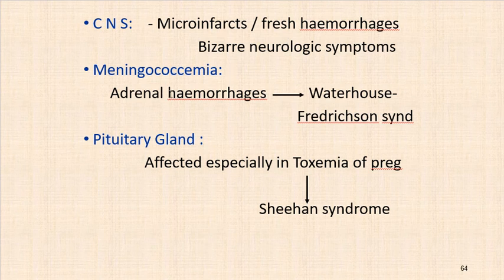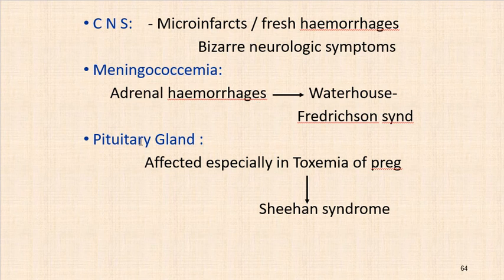In meningococcemia, if adrenals are involved, hemorrhages occur into the adrenals, and a syndrome can be produced at times, which is called Waterhouse-Friderichsen syndrome, in which a deficiency of some of the hormones produced by the adrenals occurs.